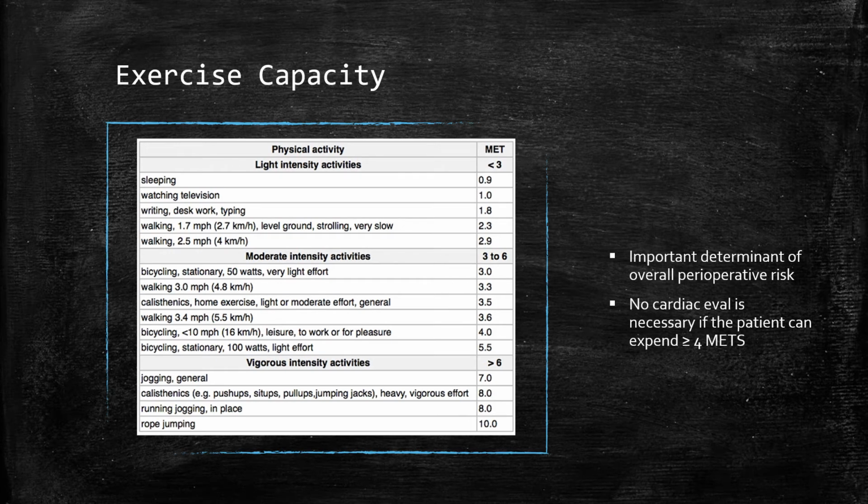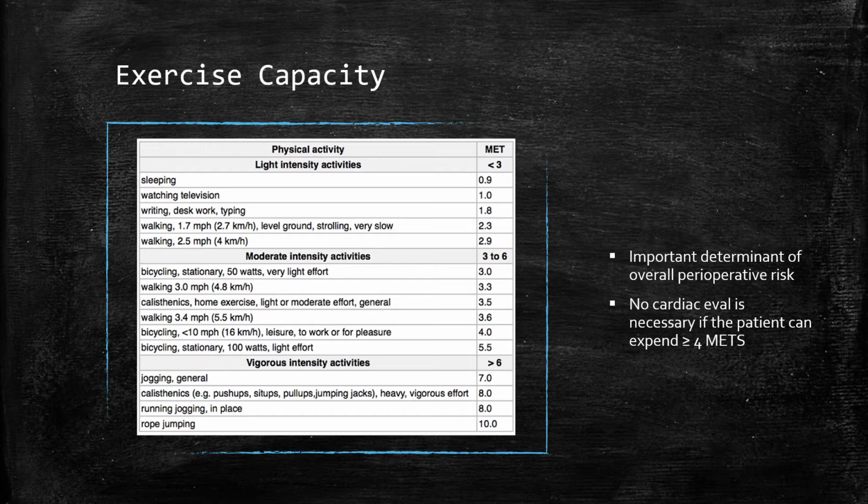During your preoperative assessment, you are definitely going to want to ask your patient about their exercise capabilities. Patients who are physically active overall have a lower perioperative risk. This chart shown here lists several common physical activities, and the unit of measure is the MET, or metabolic equivalent.